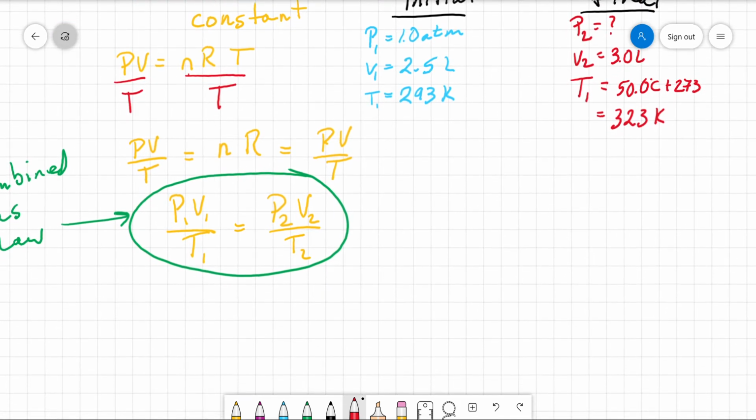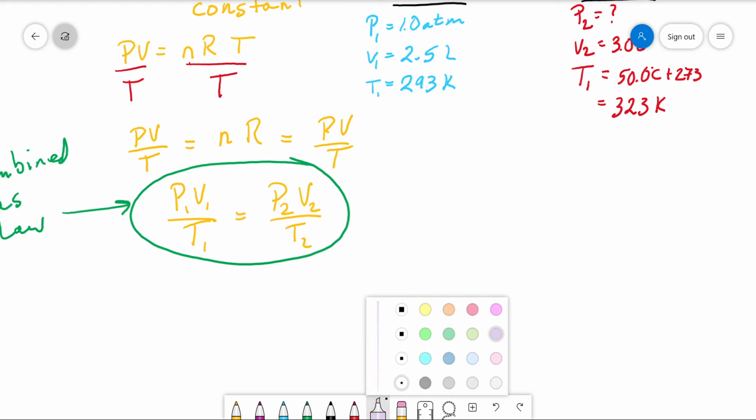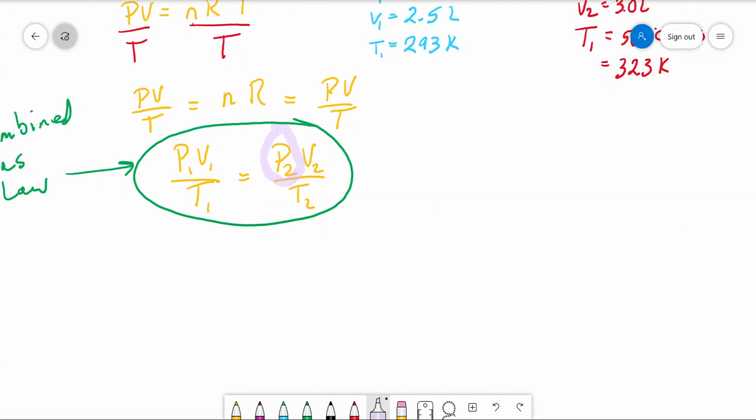Now, we know our variables. We know what we need to find. What I like to do now is I solve the equation before I plug a number in. So I'm solving for P2. The reason I do that is because the letters are just easier to move around. So I'm just going to write everything over again. P1 V1 over T1 is equal to P2 V2 over T2.